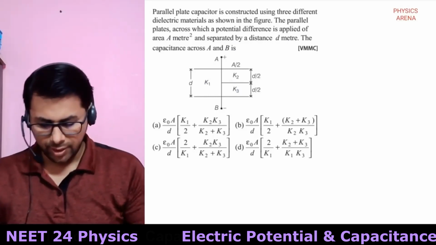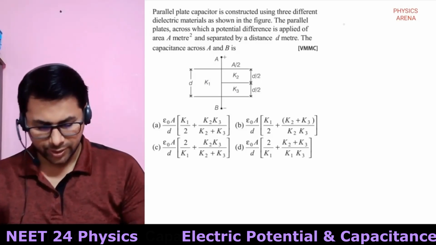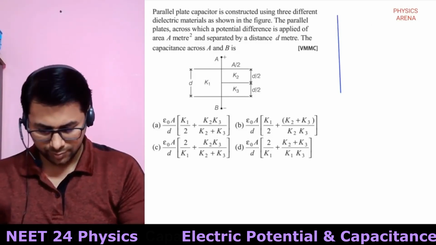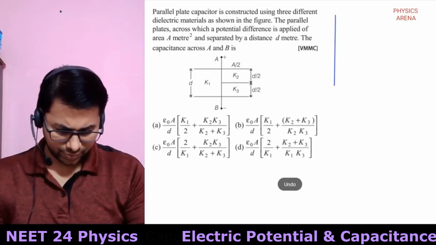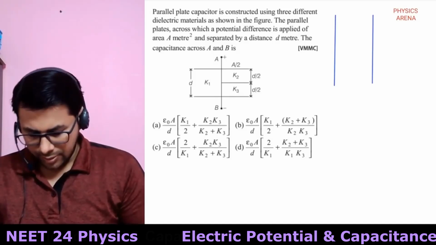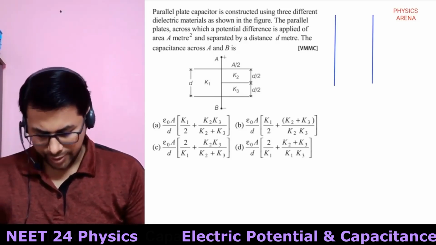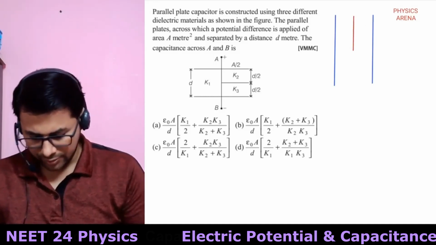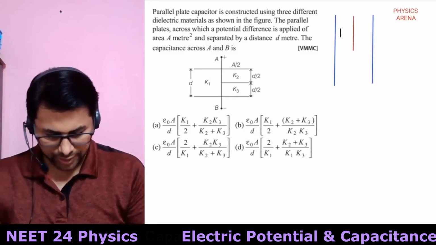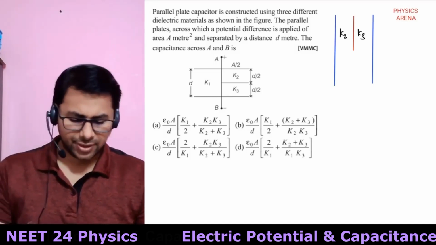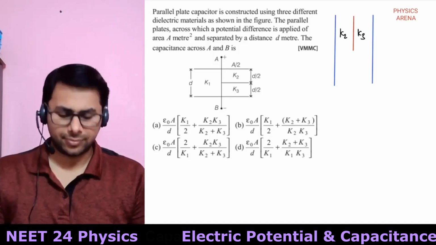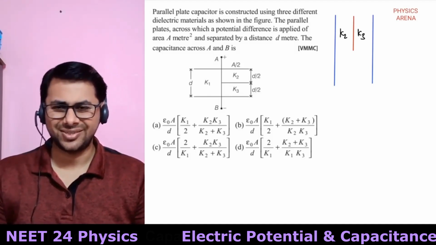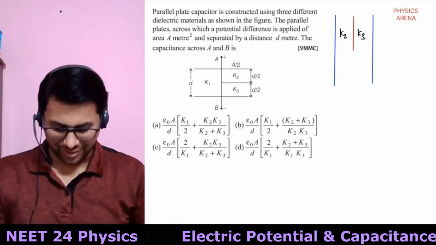So see, it's not correct, because if I draw it like this, here you have this K2 and K3. Is this series or parallel? The series combination, right? They are not in parallel.